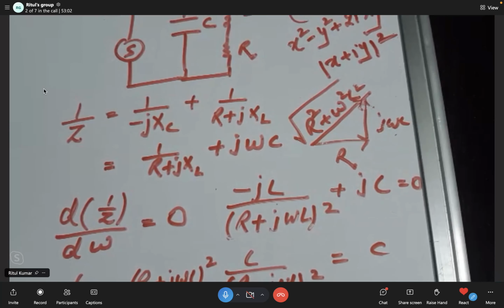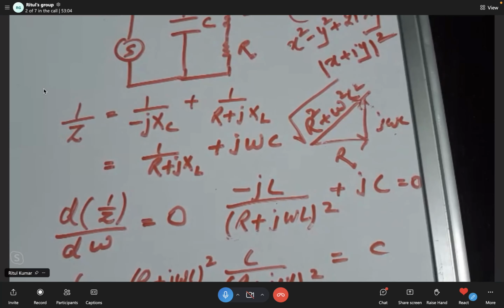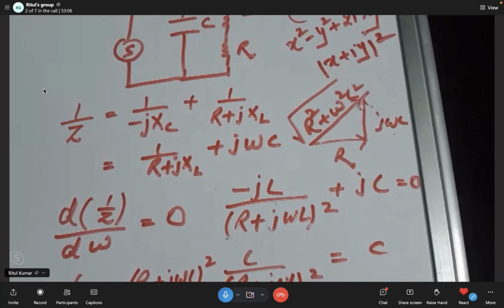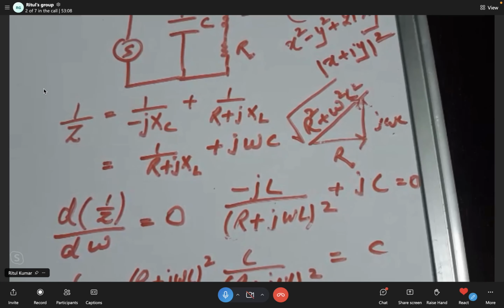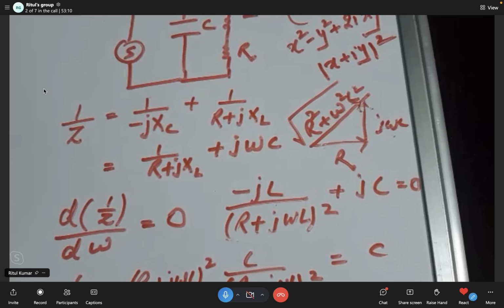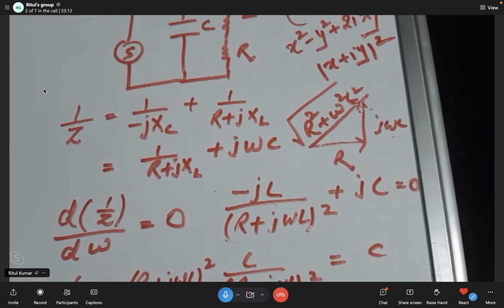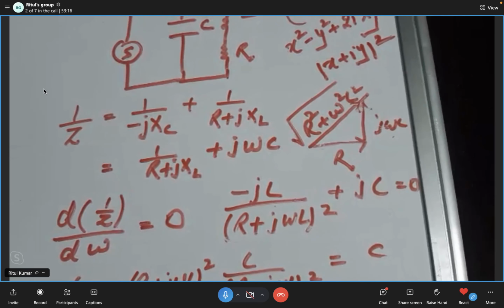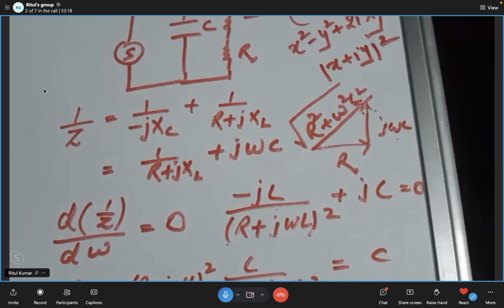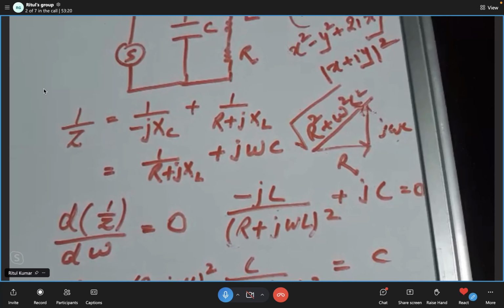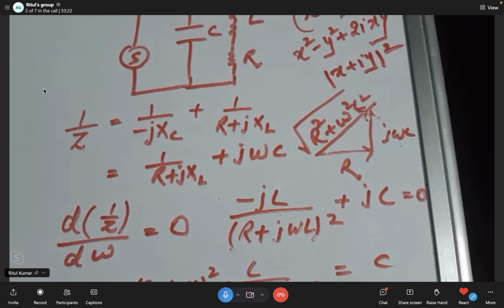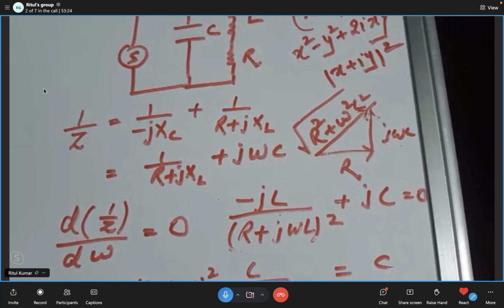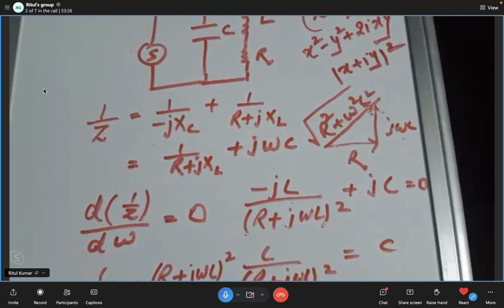Since they're connected in parallel, we can fall back to the concept of treating them independently. We can apply I equal to V by Z, but Z of that specific branch. In one case, it'll be XC simply, right? Yes. And in the other case, it'll be an amalgamation of R and XL. Yeah, that's it. Fine.